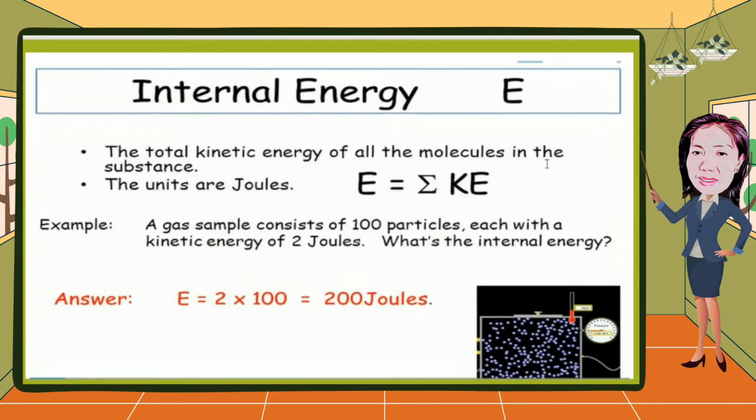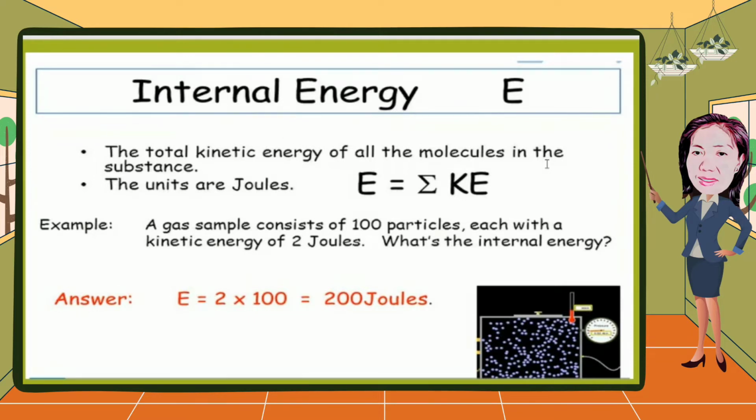We just follow the equation. 2, that is the kinetic energy of each particle, times how many particles? 100.